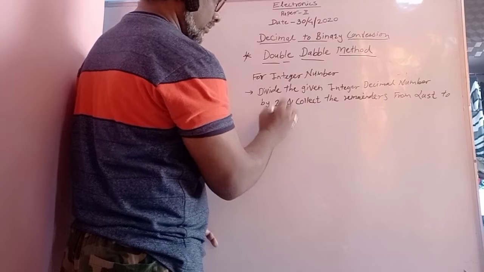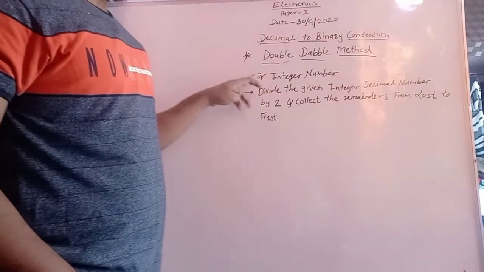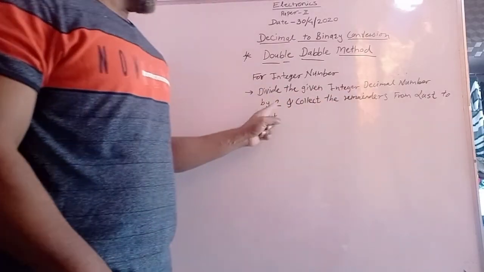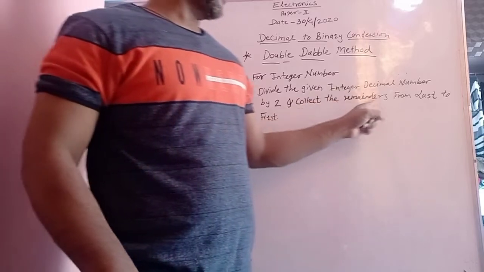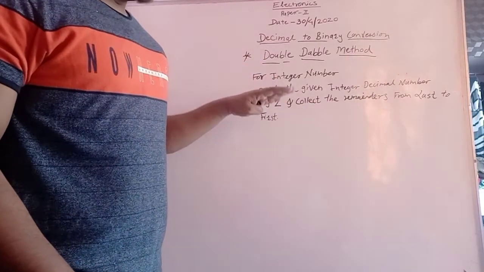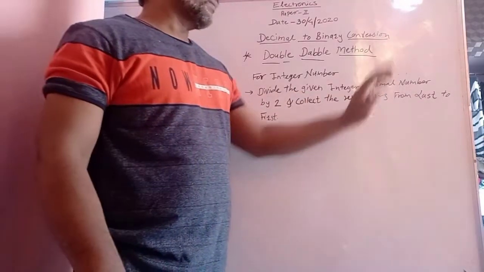What it means from last to first? Let us see. Okay. So for an integer number, divide the given integer decimal number by 2 and collect the remainders from last to first. Okay, you have to divide that number successively, and collect the remainders from last to first.